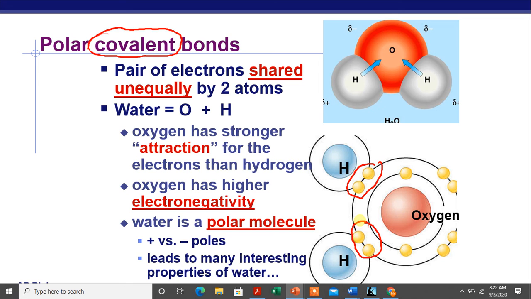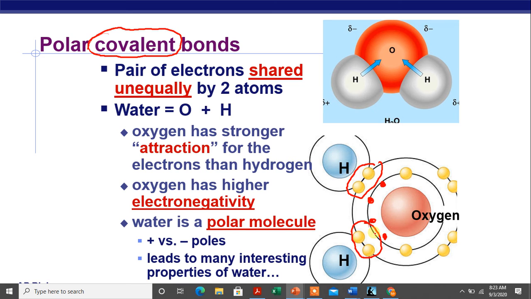What do I mean by that? That means that if I were to draw these electrons between oxygen and hydrogen more realistically, they wouldn't be smack dab in the middle. They would be closer to oxygen than hydrogen. So I might draw them there, or I might draw them there.